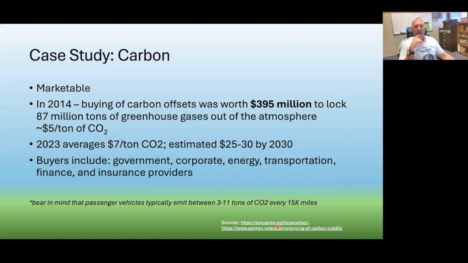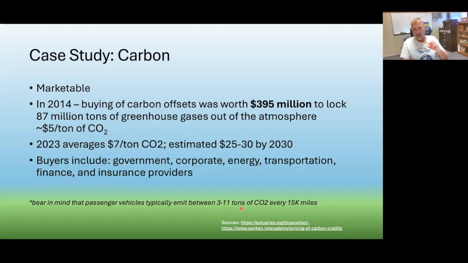One thing I want you to bear in mind, though, when you're looking at these numbers is that vehicles are one of the big sources of carbon dioxide to the atmosphere, but they're not the only big one, but they do make a good metric because most of us drive in the United States, right? And we are one of the biggest emitters of carbon to the atmosphere. So gasoline powered passenger vehicles typically are emitting anywhere from 3 to 11 tons of carbon dioxide.